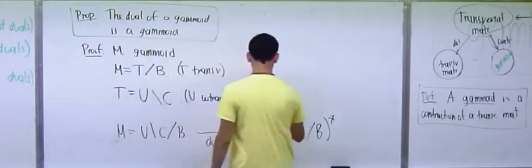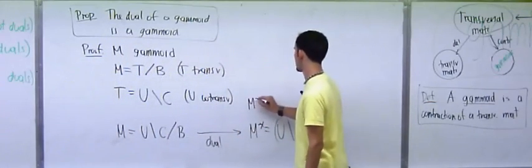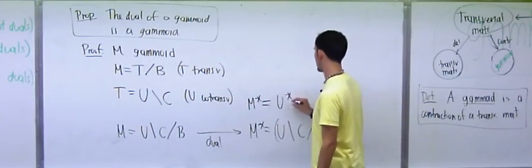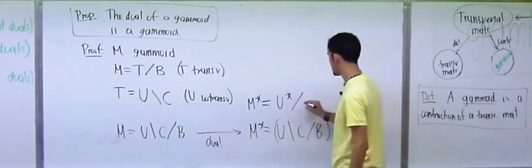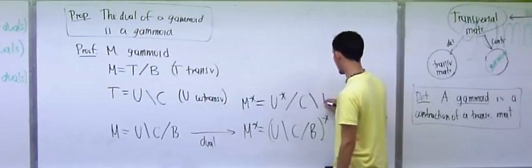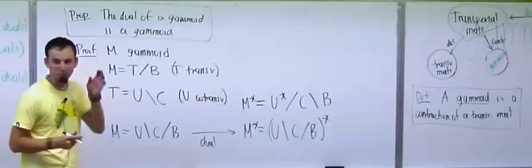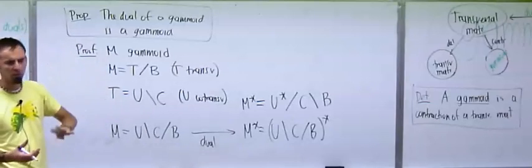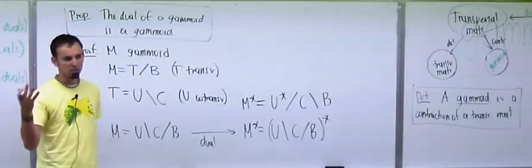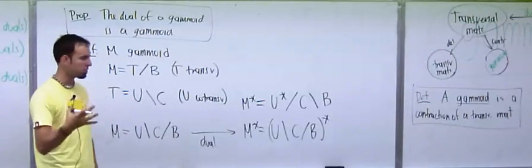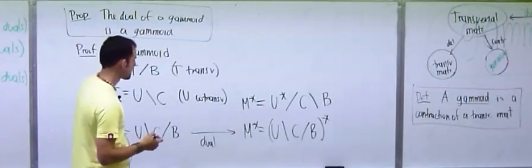So this is exactly the same thing as dual delete C contract B. This is how duals and minors interact with each other, is that duals make contractions into deletions, deletions into contractions. Okay.